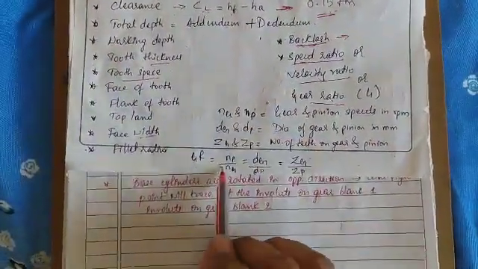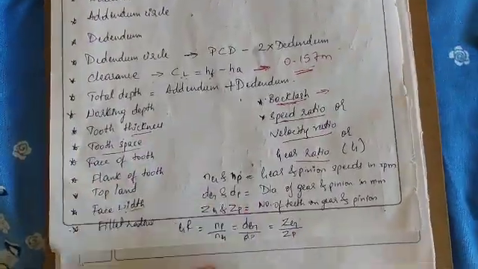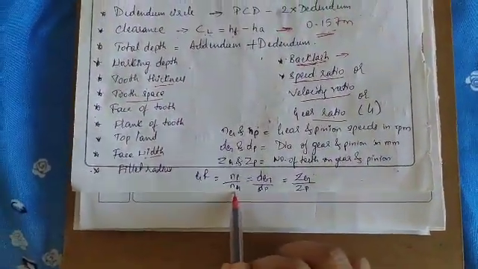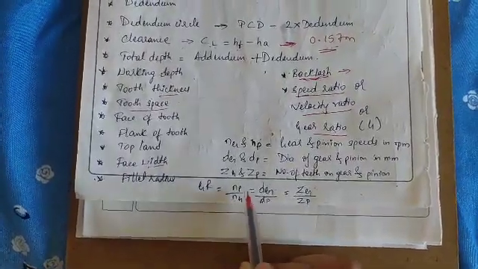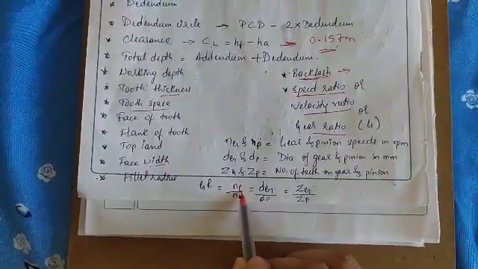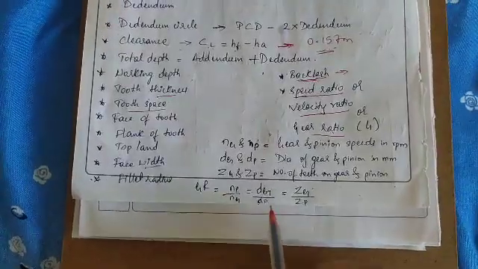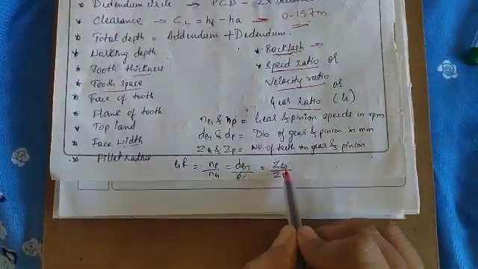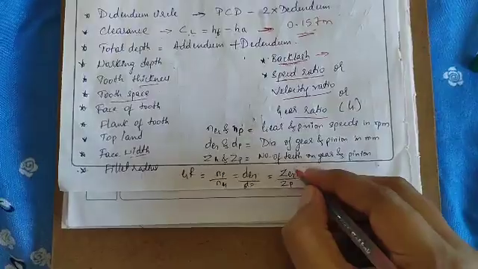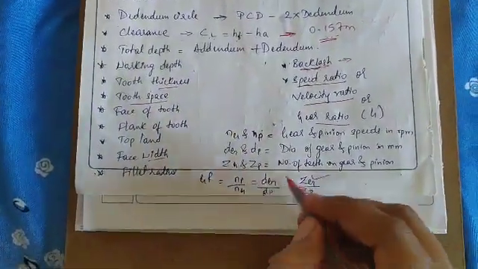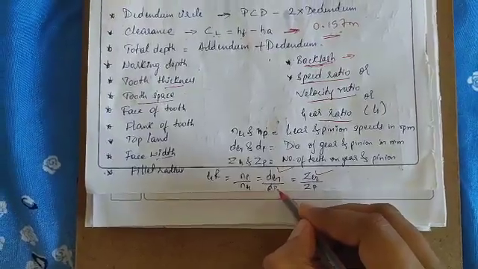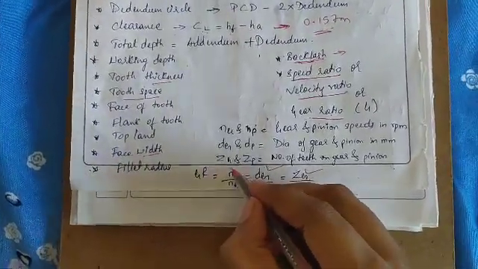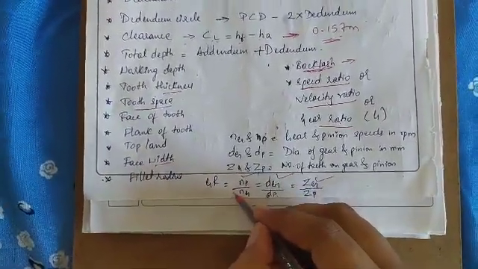You can see the definition here. It is the ratio of the number of teeth on the gear to the number of teeth on the pinion, and also the ratio of the diameter of the gear to the diameter of the pinion. It is also the ratio of the pinion speed to the gear speed.